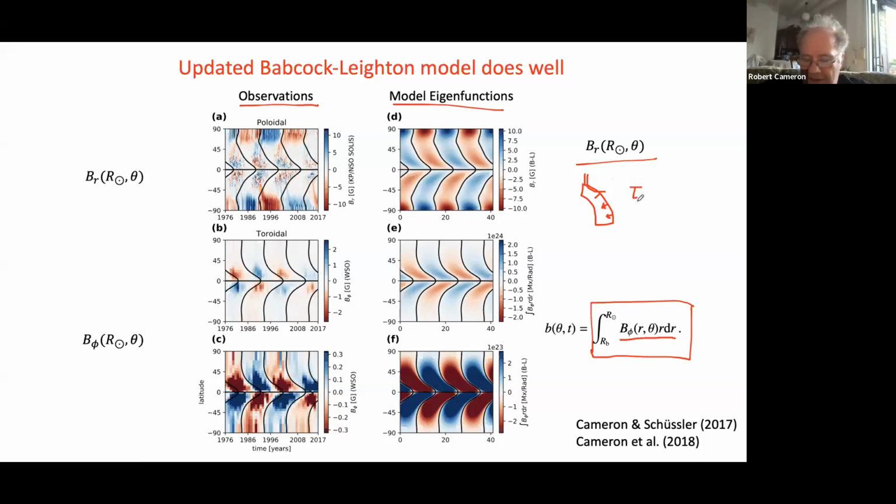So I mentioned that flux emergence carries flux across the equator. If you want to associate a timescale with it, you can, because we know the generation of the net toroidal field. So we know how much is there and we know how fast it's escaping.